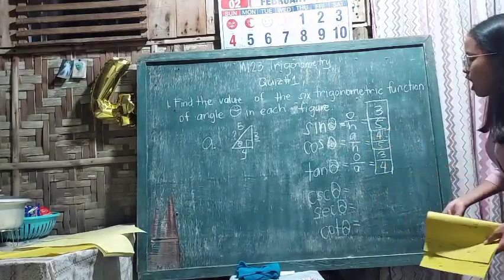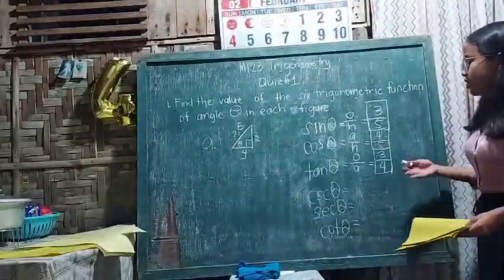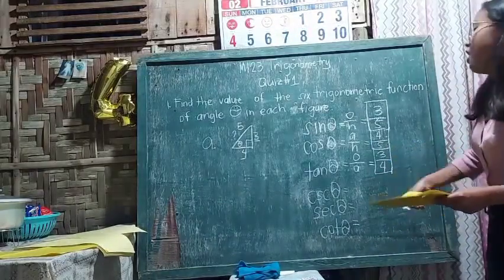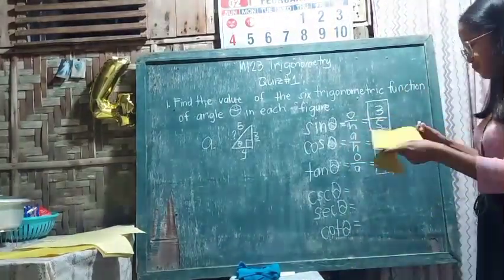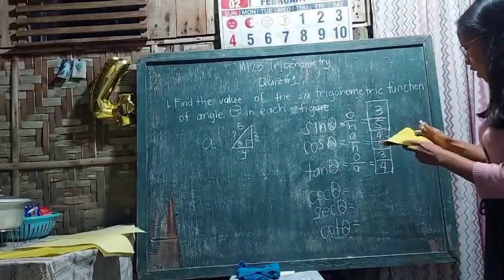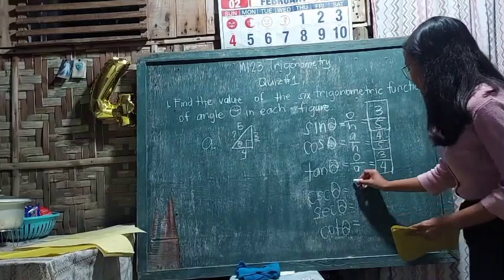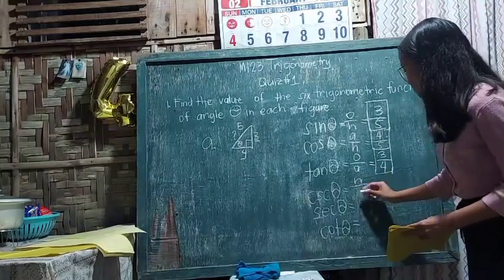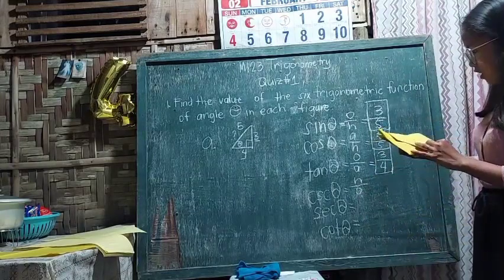Now for the cosecant, secant, and cotangent, they are the reciprocal of sine, cosine, and tangent respectively. So our cosecant would be hypotenuse over opposite.